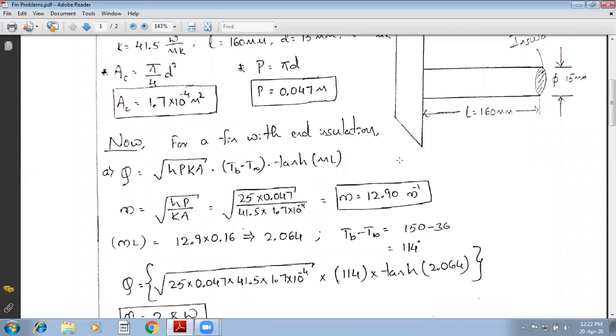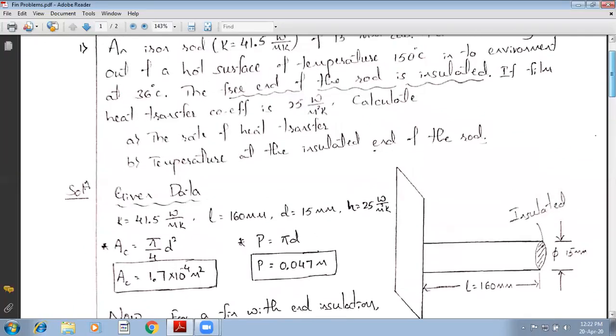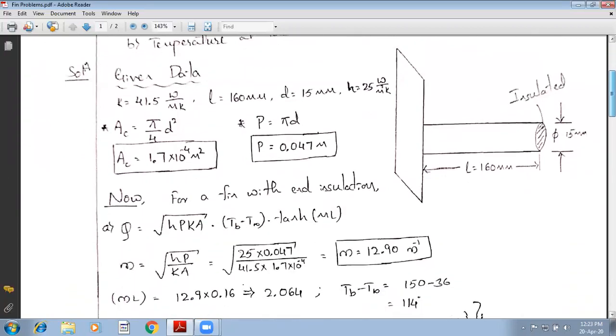Now, in the problem, he has given the surface is at 150 degrees Celsius, which is a base temperature. So T_B is 150 and T infinity is 36 degrees. Now T_B and T infinity are also known to you. h is given, P calculated, k is given, A you have calculated, T_B minus T infinity, so 150 minus 36, you have this value.